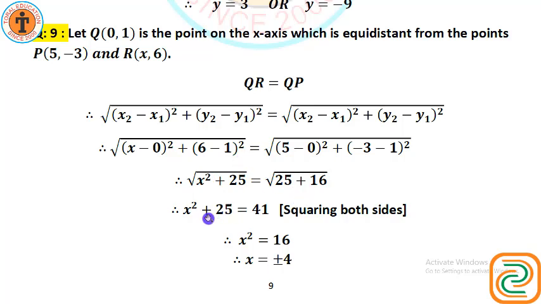Squaring on both the sides, we get x square plus 25 equals 41, that is x square equals 16. If we take 25 to the right side, it gives us positive 16. So when we take the square root, we get plus or minus 4, because square of plus 4 is 16 and square of minus 4 is also 16.